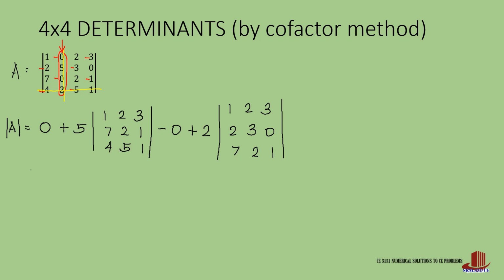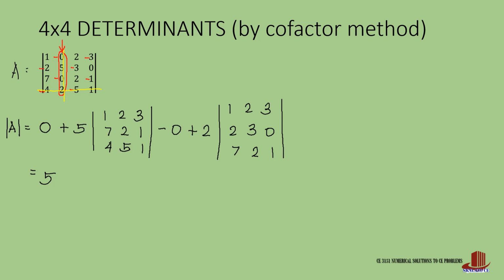Let's simplify our determinant. So we would have here 5. Again, either you would like to work on another cofactor method in order for us to break down our 3 by 3, or use our Sarrus or your butterfly method since we are already working with 3 by 3. Let's have the shorter one.